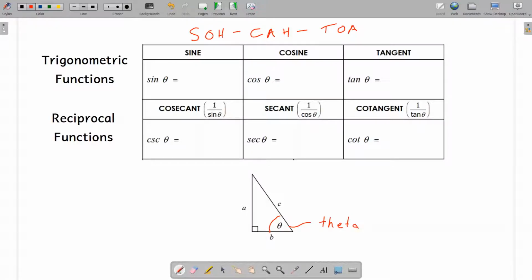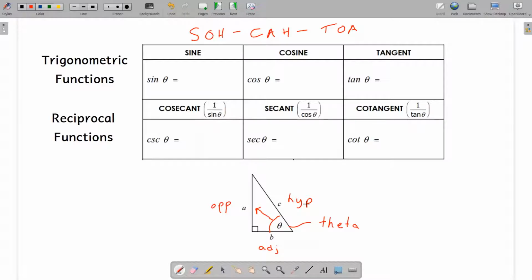If I drew an arrow, a would be my opposite side, b would be the adjacent side, and c would have to be the hypotenuse because it's across from that right angle. So when we're doing sine, cosine, and tangent, SOHCAHTOA is telling us which of these sides to use: the opposite side, the adjacent side, the hypotenuse.